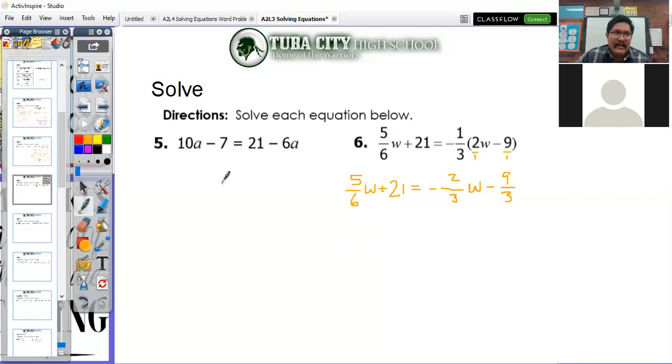At this point, I don't know how many people would know this trick, but my guess is very, very few. Like I said, our school district doesn't really seem to put a big emphasis on fractions, but I'm going to show you a trick. We're going to get rid of these fractions with one big step.